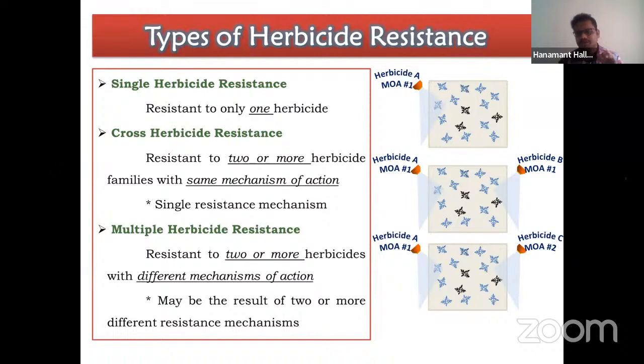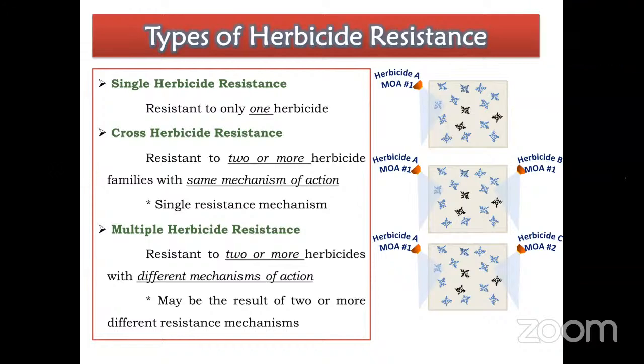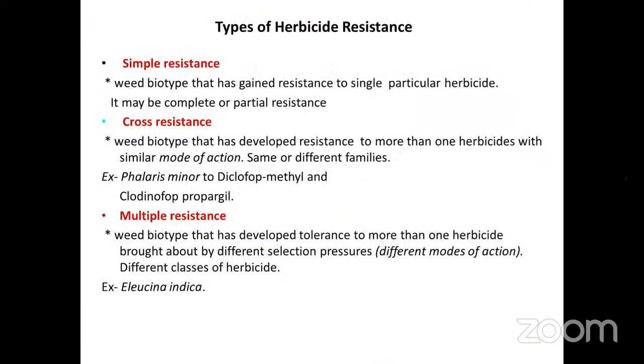But in multiple resistance, weeds are resistant to different chemicals with different modes of action, mainly due to different resistance mechanisms. The weeds have two or more resistance mechanisms, so they are resistant to two or more herbicides.